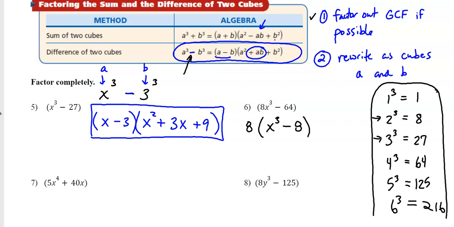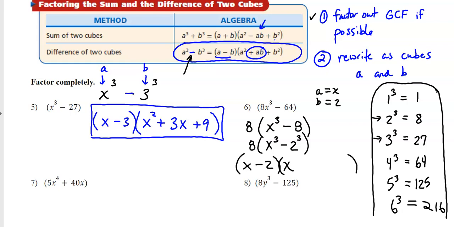So I'm going to have 8 times x to the third minus 2 to the third. So in this scenario, a is x and my b is going to be 2. So I'm going to play the same game I played before. I'm going to do a minus b, which is x minus 2.